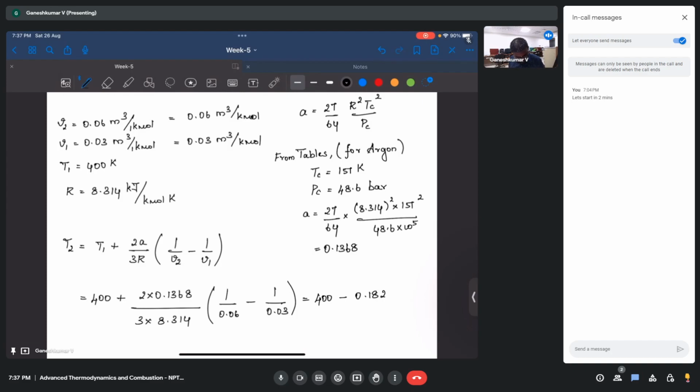0.06 divided by 1000, 1 divided by 0.06 minus 1 divided by 0.03. Okay, so it's going to be minus 16.66 divided by 10, divided by 1000, and 1 by 1000 is 10 power minus 3.